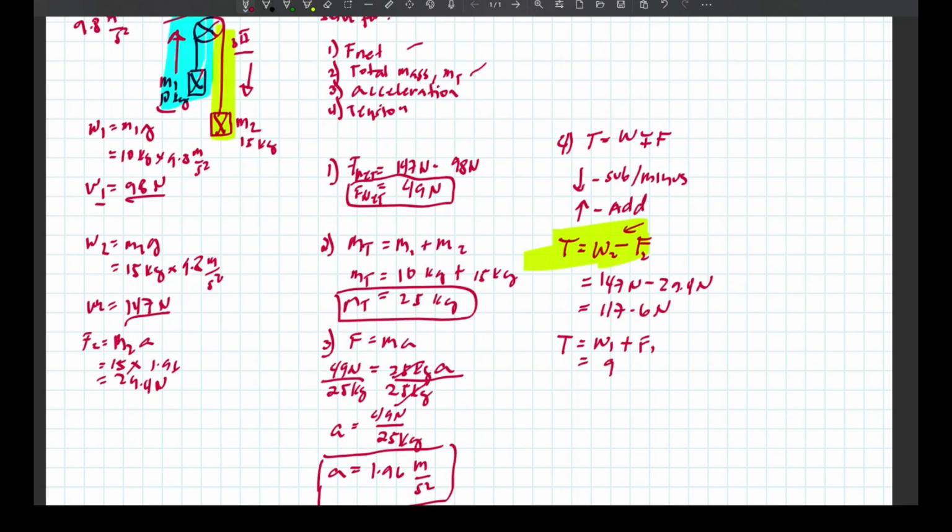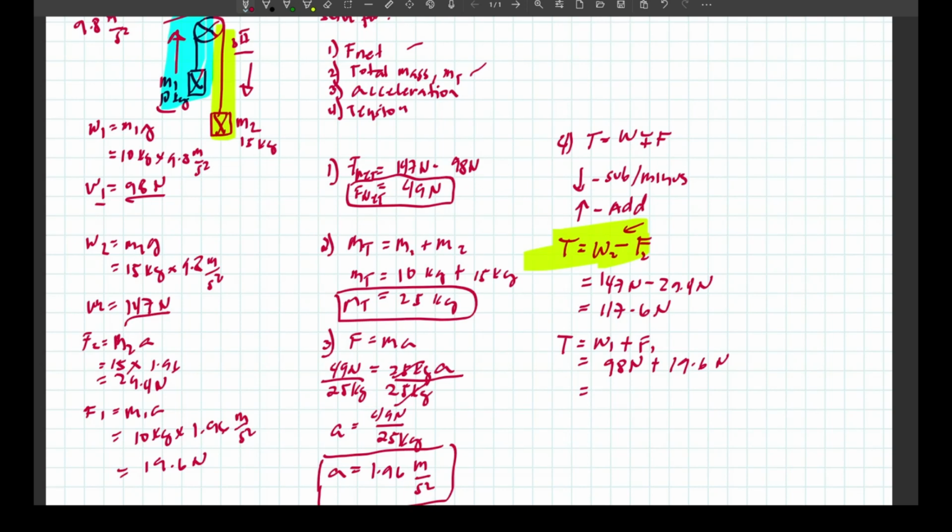So W1 is 98 newtons plus F1. Since we do not have F1, let's solve it. M1 times A, our M1 is 10 kilograms multiplied by 1.96, and this will give us 19.6 newtons. So don't forget the unit. We'll just add this to our weight 1. So it becomes 98 Newtons plus 19.6 Newtons.